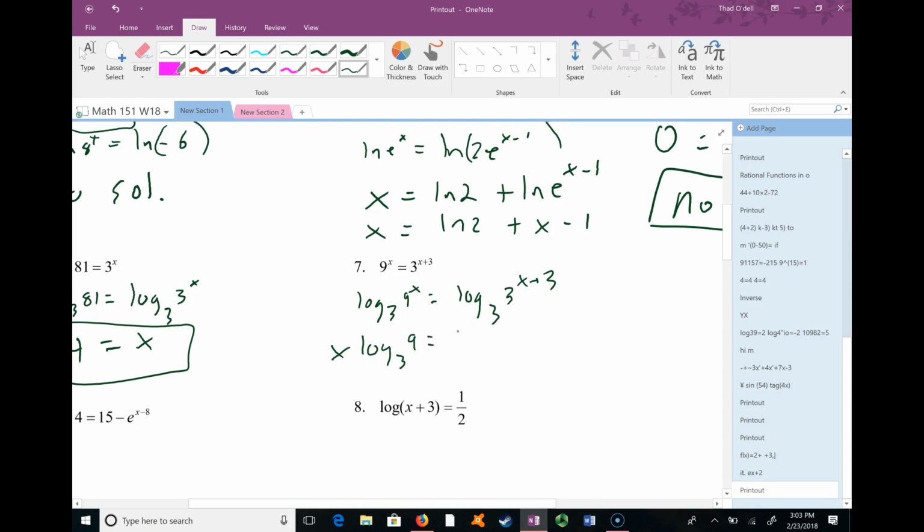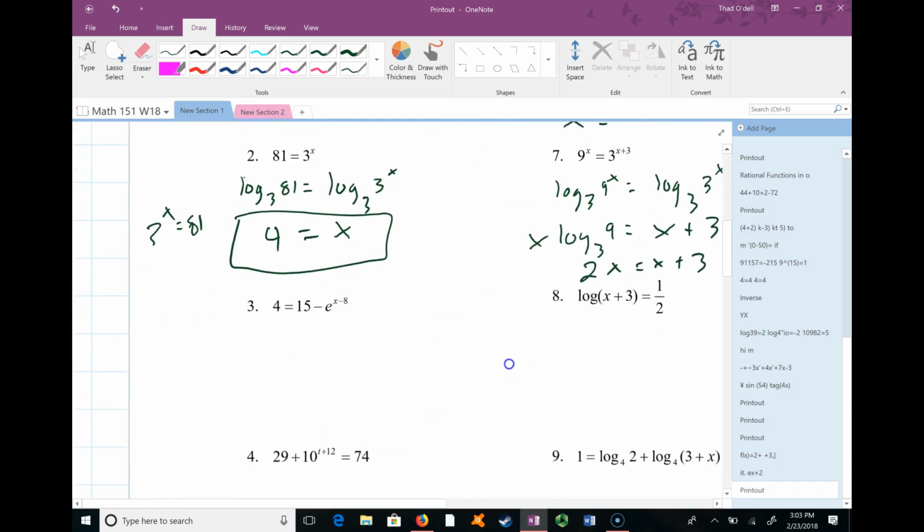Same way here, except log base 3 of 3 and the 3 just cancel each other out, so we're left with x plus 3. And log base 3 of 9 is 2 because 3 to the 2nd power equals 9. So this would just be 2x is equal to x plus 3. Subtract x from both sides and we get x is equal to 3. Yay, we're getting solutions now.